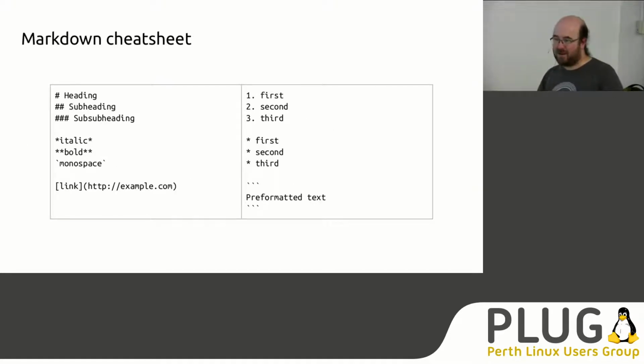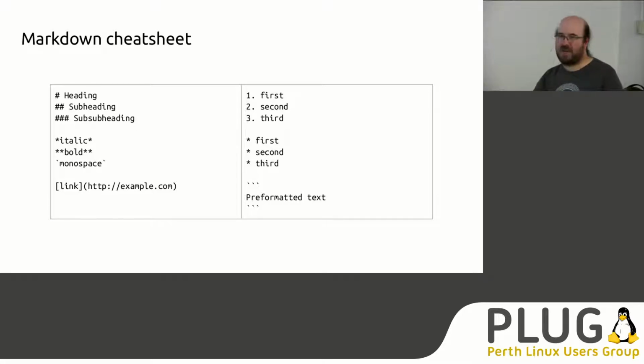As far as Markdown is concerned, it's basically just like writing plain text in your emails. You've got new lines separating paragraphs, and there's some simple formatting, like you can have your ordered lists, just writing 1 dot something, 2 dot blah blah blah. You can have bulleted lists. You can create pre-formatted text by using 3 backticks on a line by itself, and then you've got some pre-formatted stuff afterward.